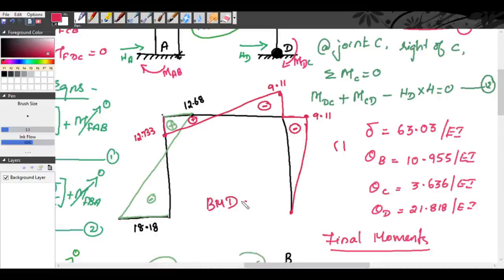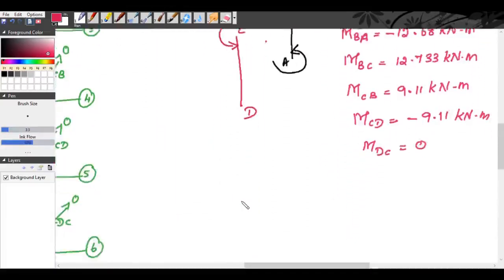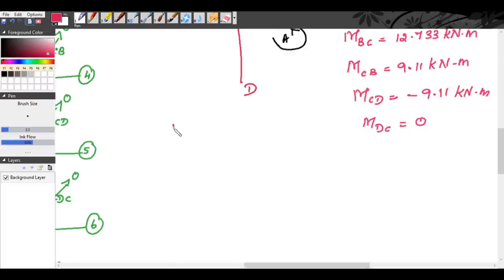Now we will draw the deflection diagram. So our deflection diagram for the given portal frame will be, so here we have the fixed support, here we have the hinged support, so we have side sway, right? So up to this we have the side sway. So our deformation becomes like this.